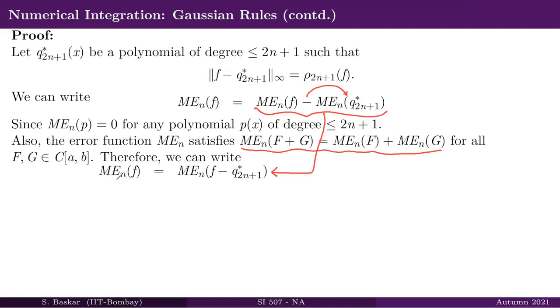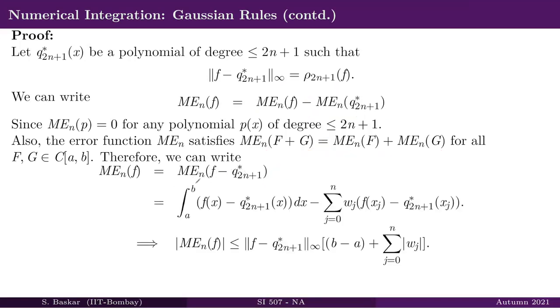Therefore, I can write MEN of f as MEN of f minus q star 2n plus 1. Now I am just applying the definition of the mathematical error, which is nothing but the exact value minus the approximate value.